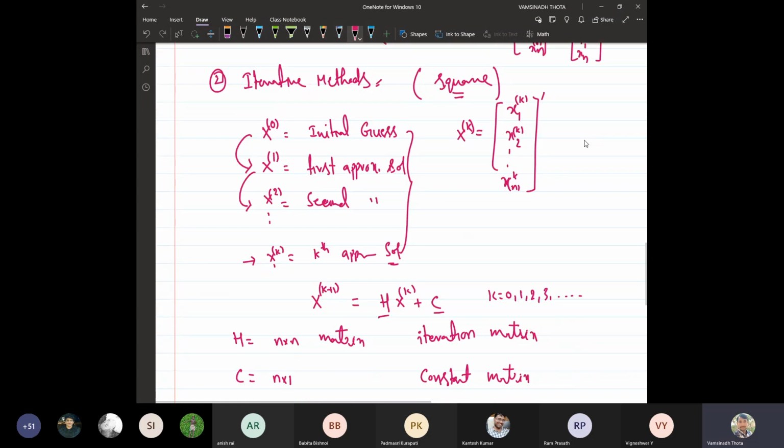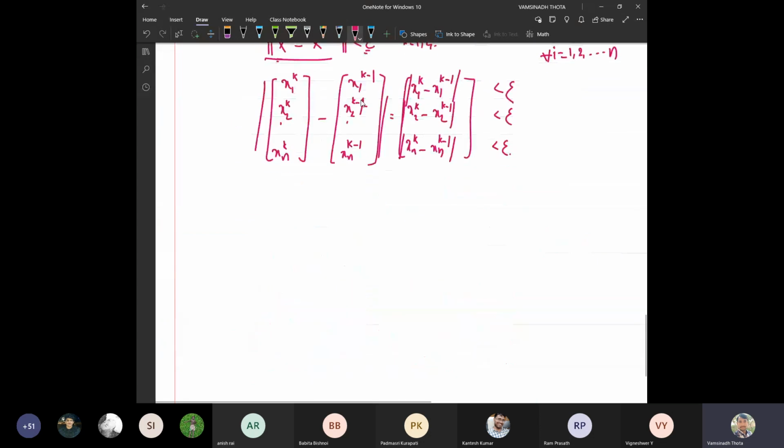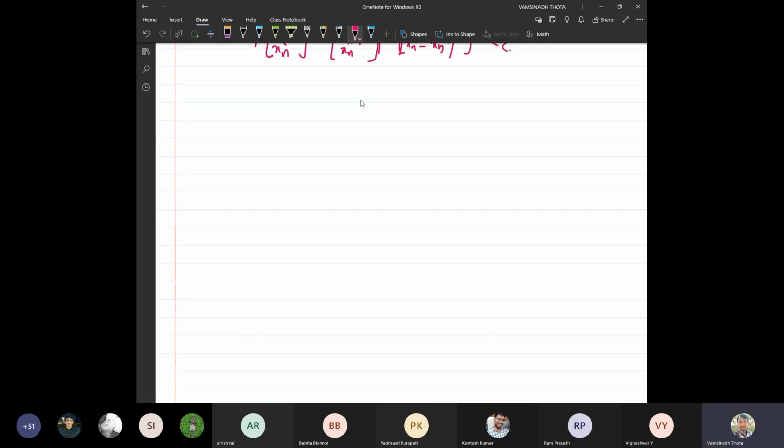Now, depending on what do the iterative methods converge? Suppose x is the exact solution for the given system of linear equations, and in the iterative method, x_k is the kth approximate solution.